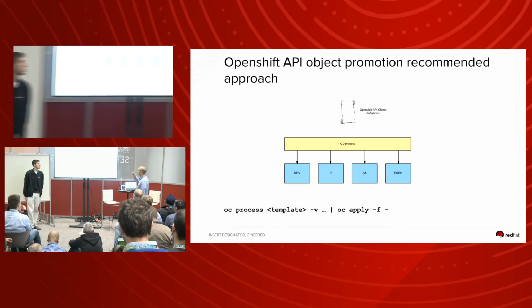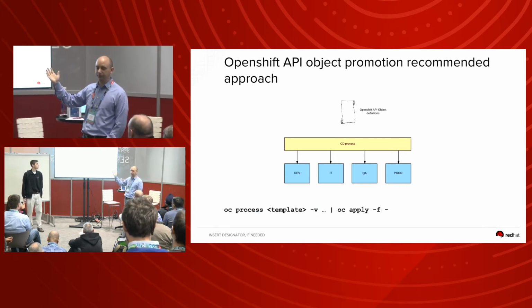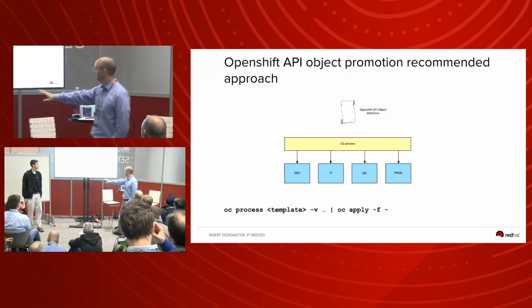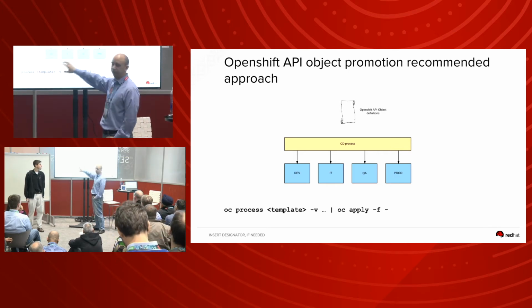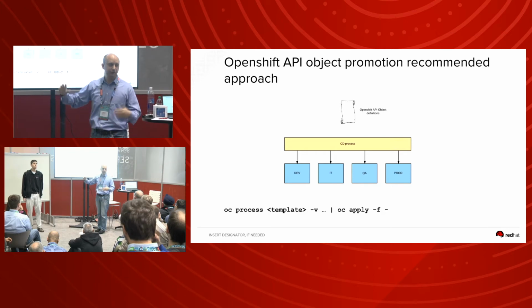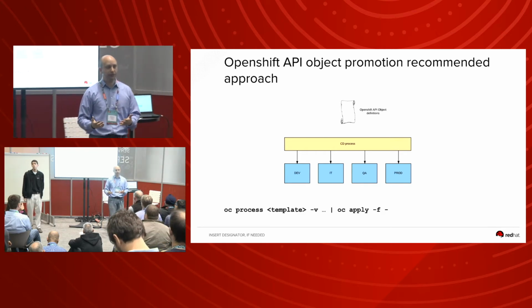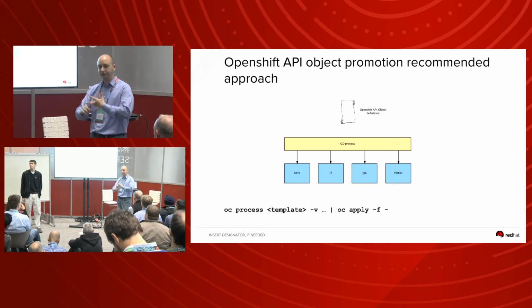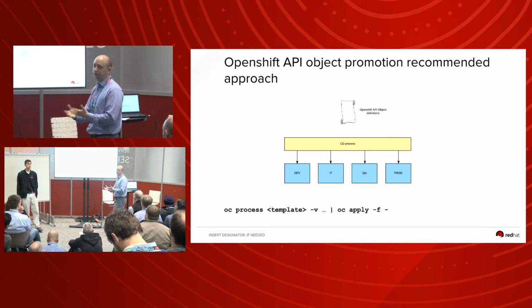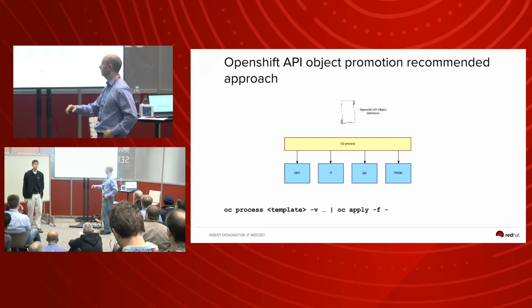Then I want to talk about how we move OpenShift API objects. Again, if these are environments, we need to create API objects in these environments. And so you understand what they are, right? Services, deployment configs, secrets, config maps, anything that you define in OpenShift as a manifest.